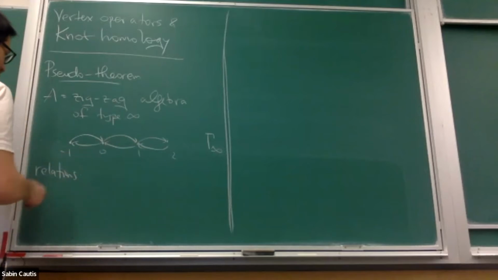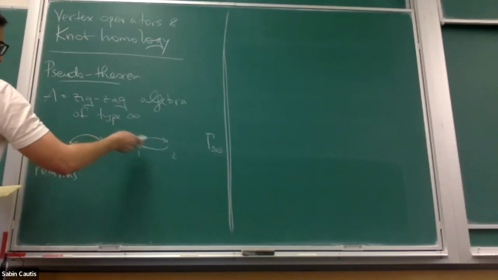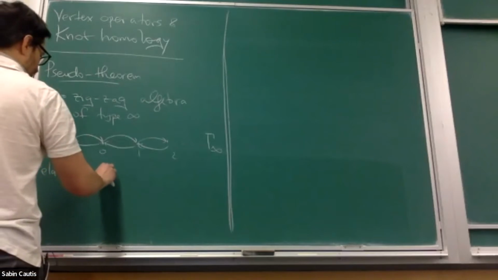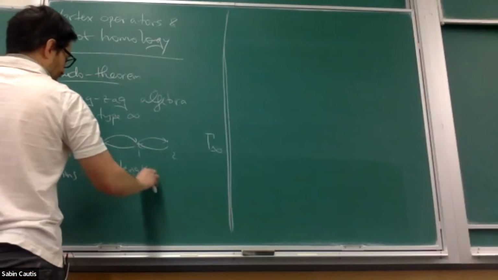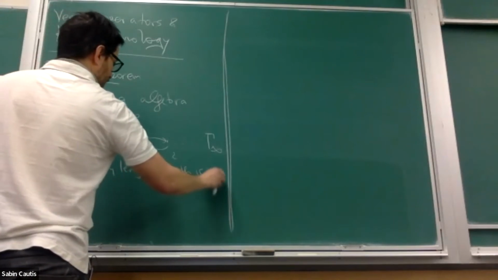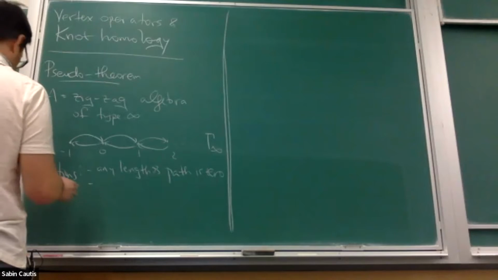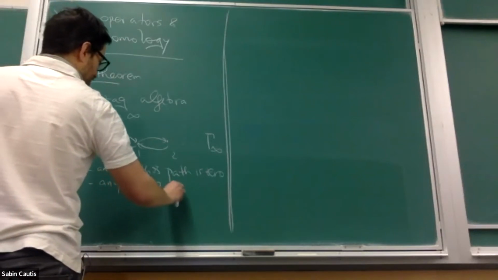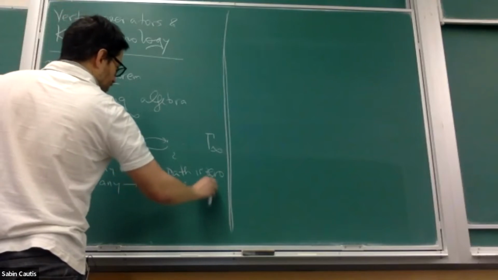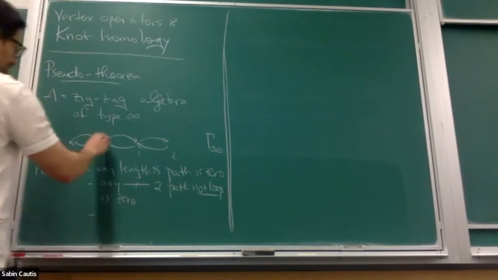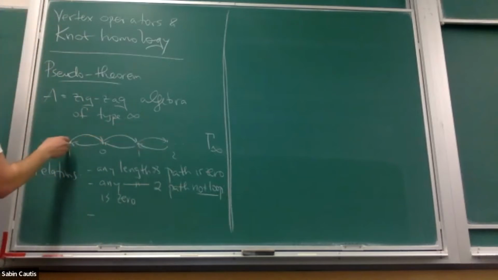which are the standard relations, are that the length of any path of length 3 or greater is 0, and any length 2 path which is not a loop is also 0. So basically everything of length 3 is 0. And then finally, if you do have a loop, that's not necessarily 0, or else it's really silly.